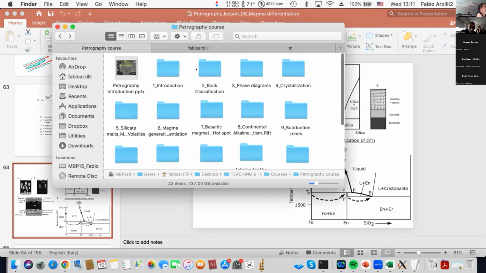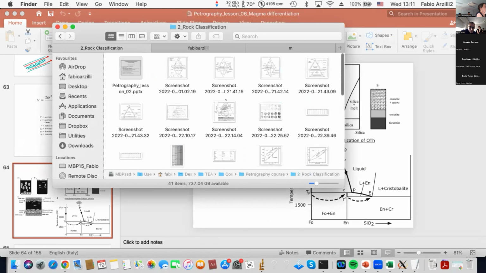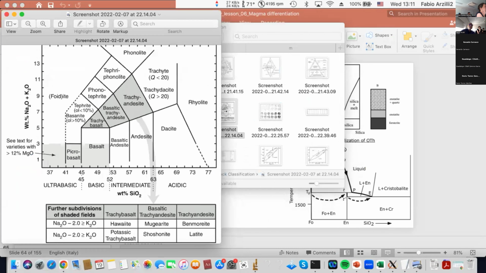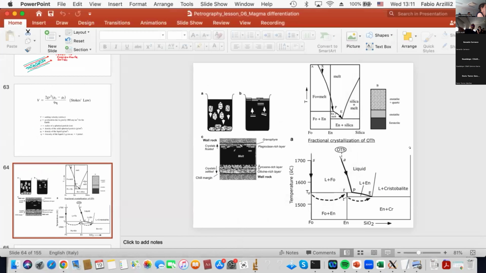Basically, your rhyolite is the end of the magma differentiation, and it represents the eutectic point. Farther than that, you cannot go. So if you start from a rhyolite, at the eutectic point as a composition, you will remain here. You will not go back.